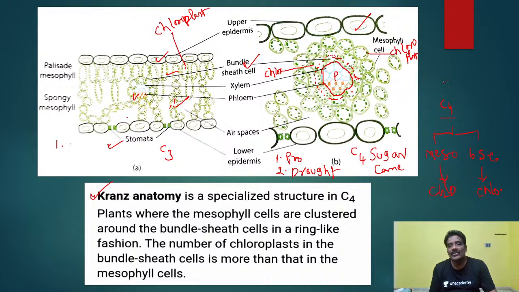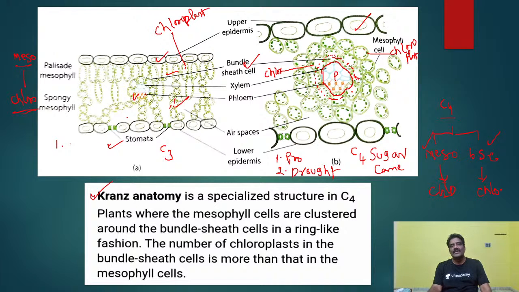Two kinds of cells: one is the mesophyll cell, another is the bundle sheath cell. But in C3 plants, only one type of cell, the mesophyll, has chloroplasts. So this makes a lot of difference between C3 and C4 plants.